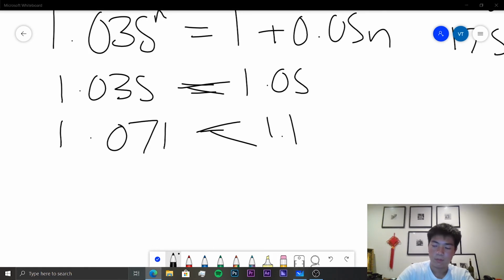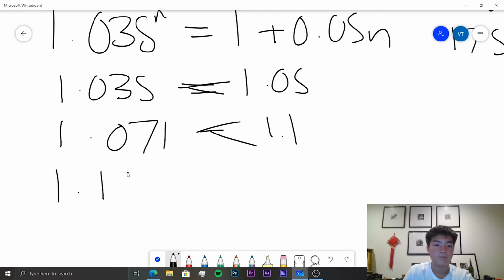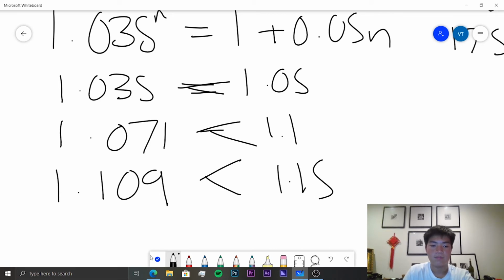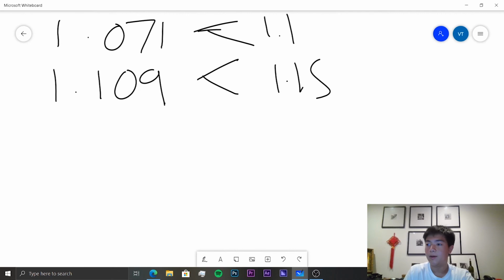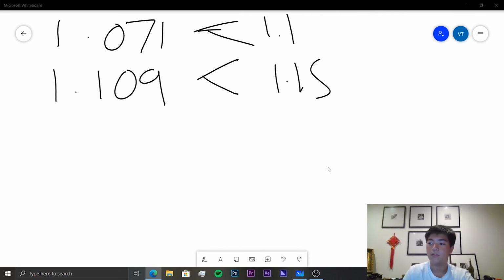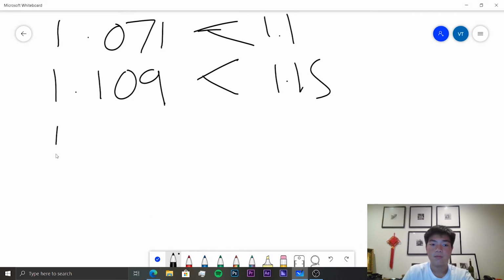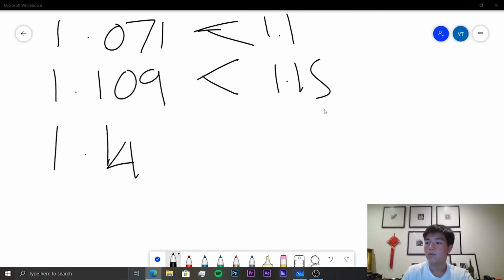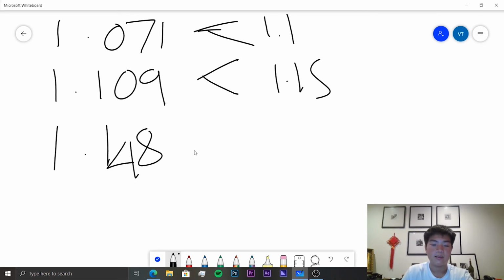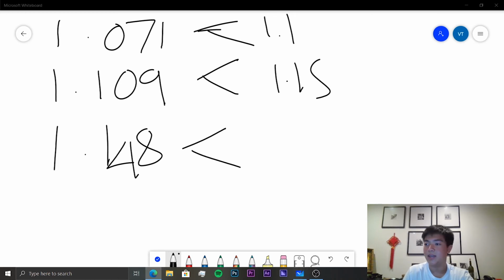Well, when we have 1.035 cubed, we have 1.109, which is still less than 1.15. When we have 1.035 to the power of 4, we have 1.148, which is still less than 1.2.